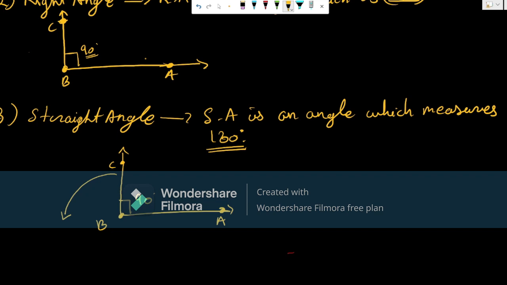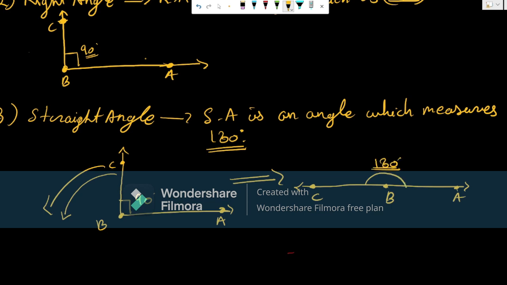Now, if I take this one and put it simply like this here, this will form a straight line like this. Okay, this is C, this is B, and this is A, which are extended infinitely. Now you see this angle is 180 degree.